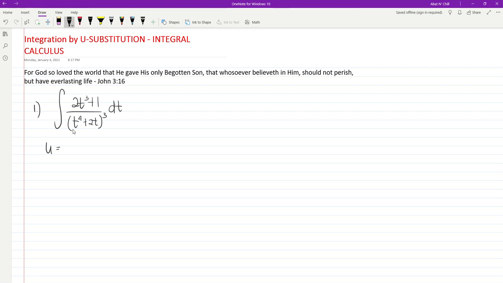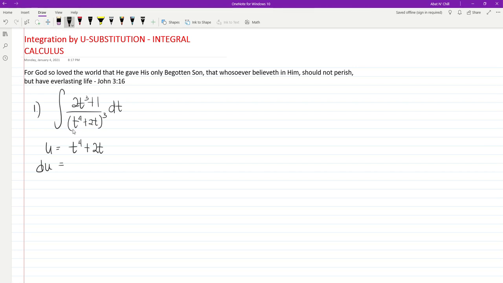In this case, we're going to let u be either the 2t cubed plus 1 or the t raised to 4 plus 2t. And we're going to get the derivative of that u with respect to the variable t. The most appropriate u in this example is t raised to 4 plus 2t, excluding, of course, the exponent.